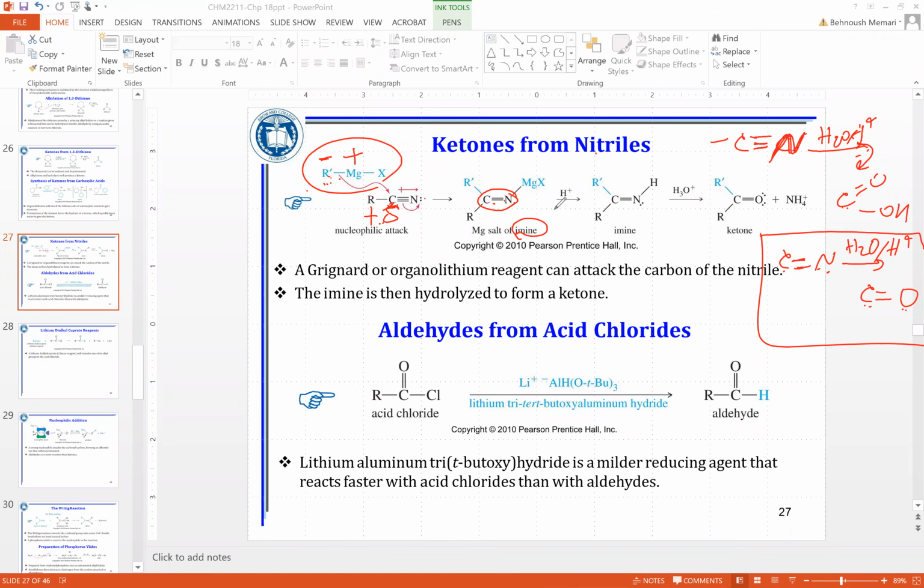As soon as you add the water, it's going to change to a C=O double bond. So you had one R group already in the nitrile. By bringing the Grignard reagent, you added another R group to this carbon, and then the C=N double bond, if you hydrolyze it, would change to a C=O double bond.